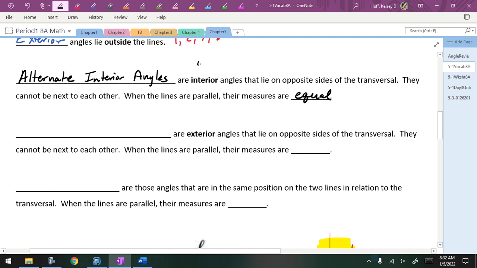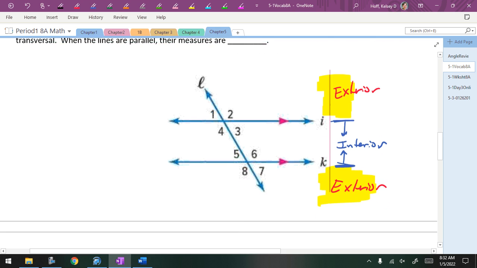Miss Hoff calls these the Z angles, because when you trace them, they will form a Z. Now, that Z might be really tight together, it might be really stretched out, it might be forward, backwards, tipped on its side, or upside down and backwards, but when you trace them, it's going to form a Z. So go down to our diagram.